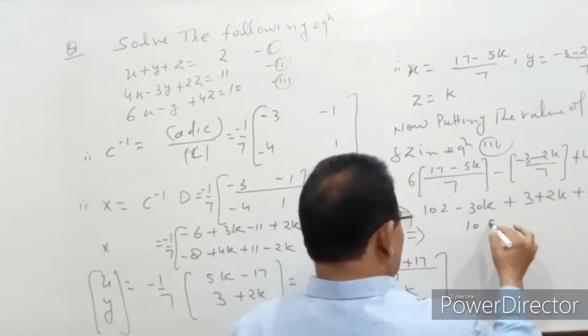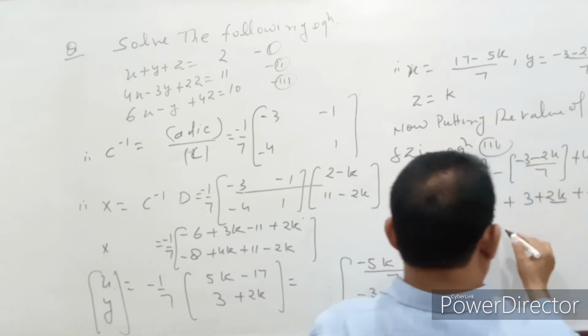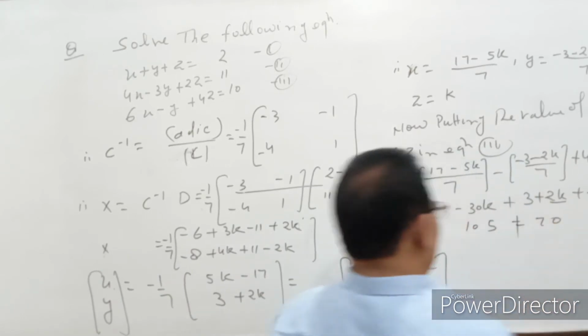So 105 plus 2k is equal to 70, not equal.